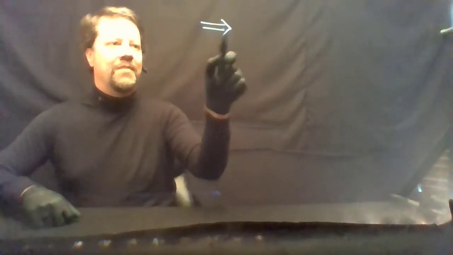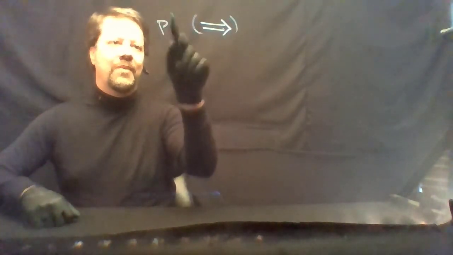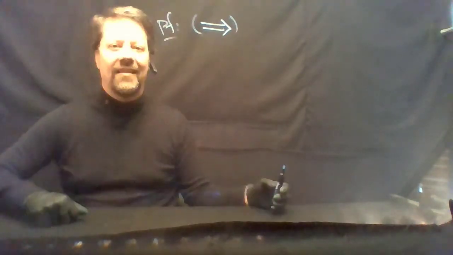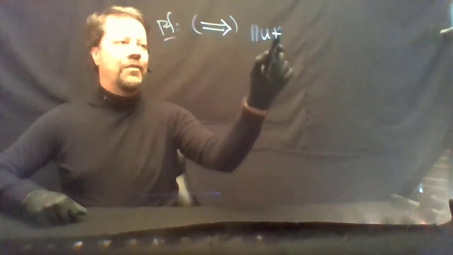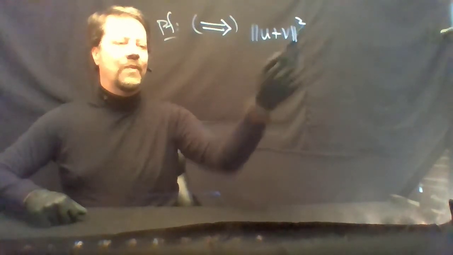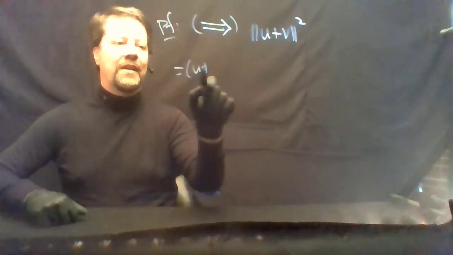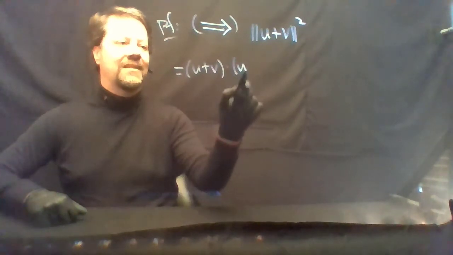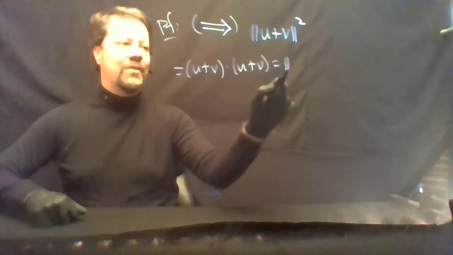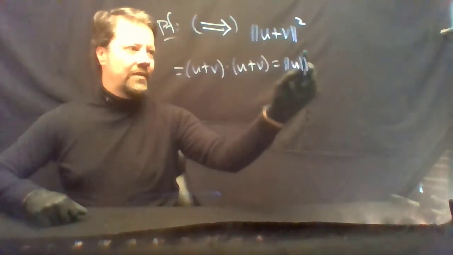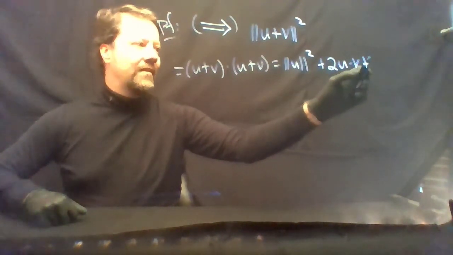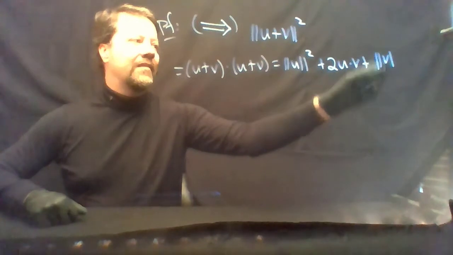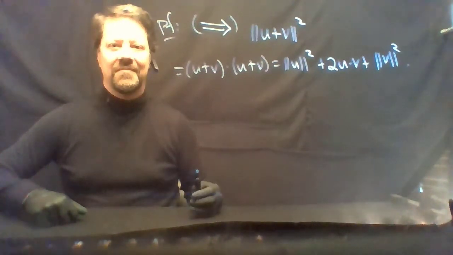This theorem goes in both directions, so we have to prove it in each way. We know that the norm of u plus v squared is u plus v dot u plus v, which is the norm of u squared plus twice u dot v plus the norm of v squared.